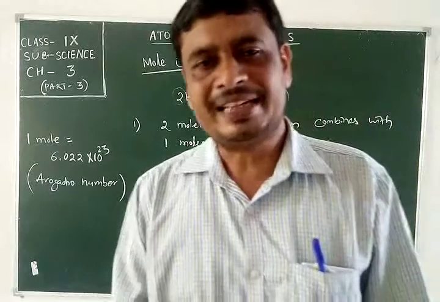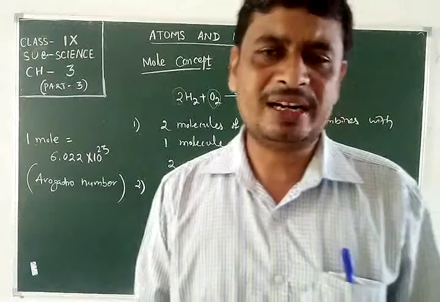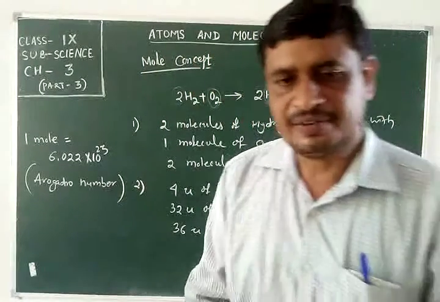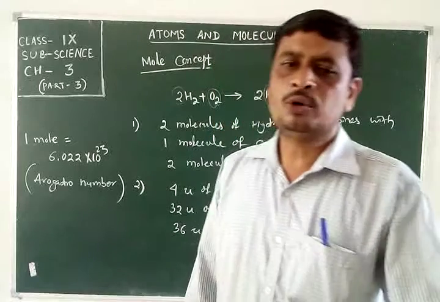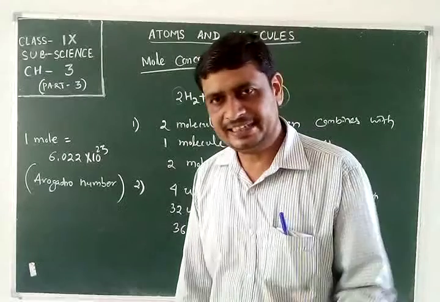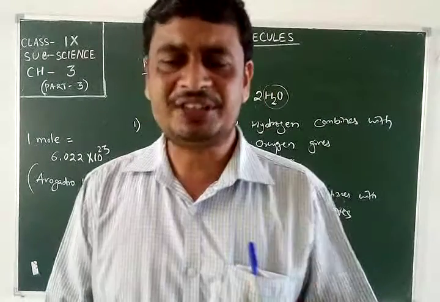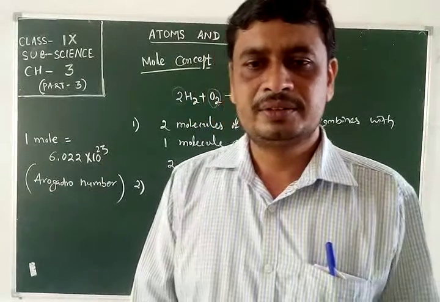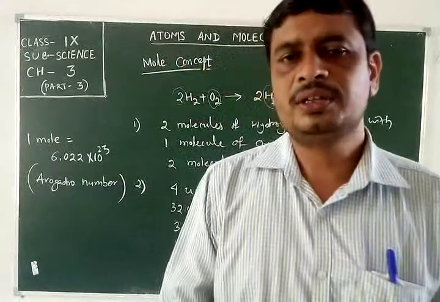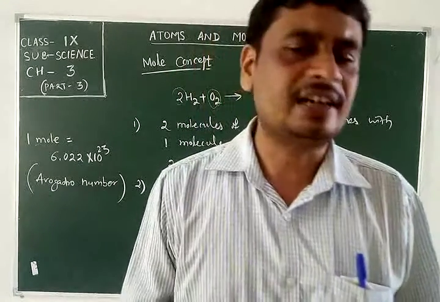But besides being related to a number, a mole has one more advantage over the dozen or gross. That advantage is the mass of 1 mole of a particular substance is also fixed. If we take any substance, then 1 mole of that substance must have a fixed mass, whether any atoms, molecules or ions.